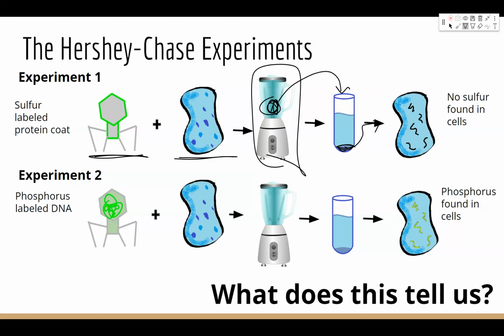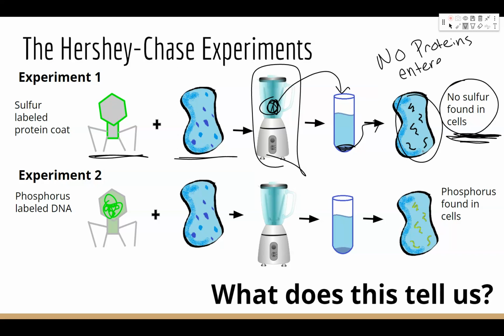And they were able to see that there was no sulfur in our cells. Make sure you write that down in that little space next to your experiment 1. There's no radioactivity here, so there's no sulfur, that means that no proteins entered this bacteria.